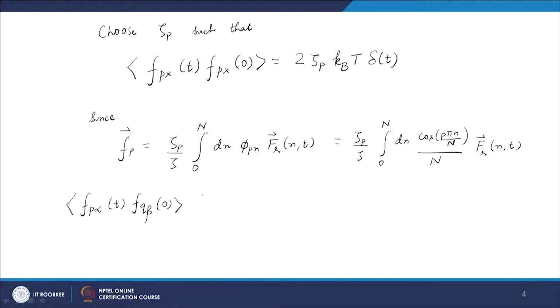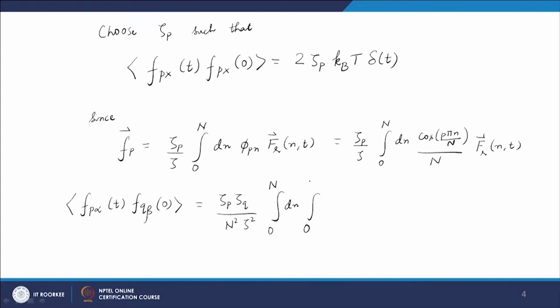So, this would then be equal to zeta_p zeta_q by N squared zeta squared. So, we have N zeta coming out here. So, we have N squared zeta squared and we have 2 integrations again to retain the cross terms.